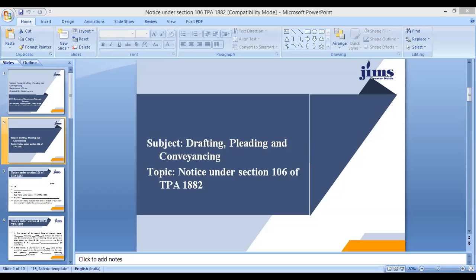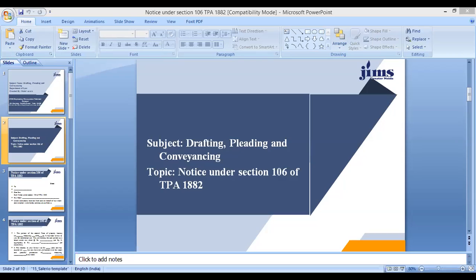Section 106 clause 1 provides that in the absence of a contract or local law or usage to the contrary, a lease of immovable property for agricultural or manufacturing purpose shall be deemed to be a lease from year to year, terminable on the part of either lessor or lessee by 6 months' notice, and a lease of immovable property for any other purpose shall be deemed to be a lease from month to month, terminable on the part of either lessor or lessee by 15 days notice.